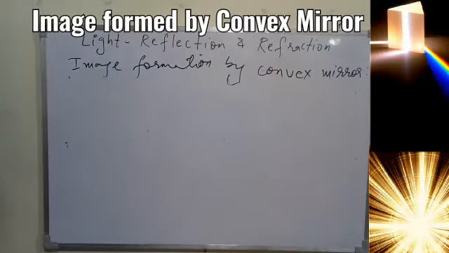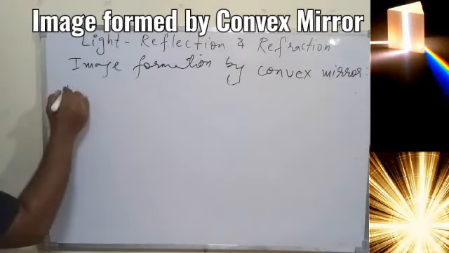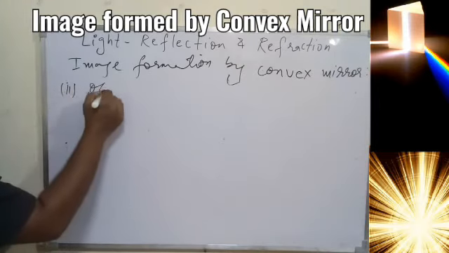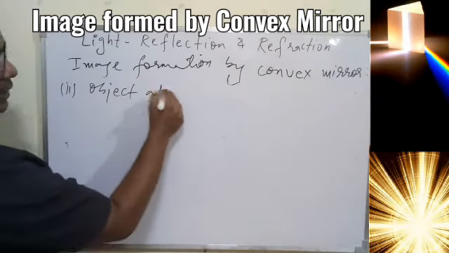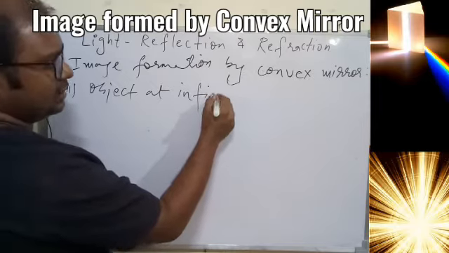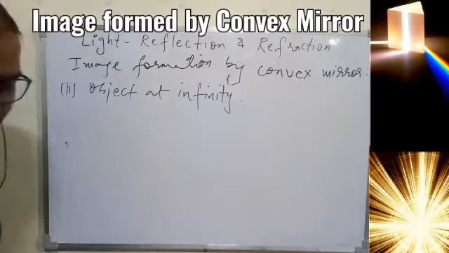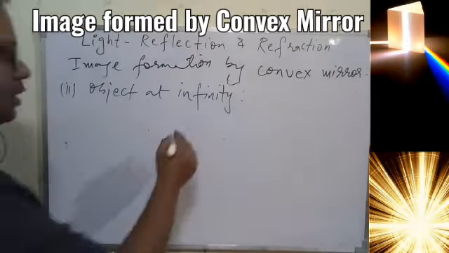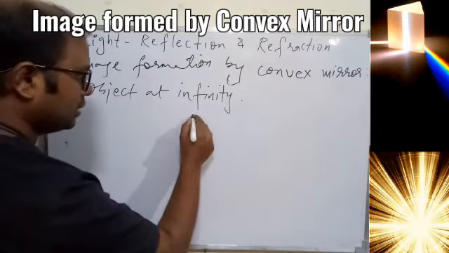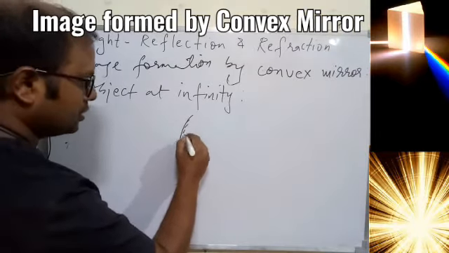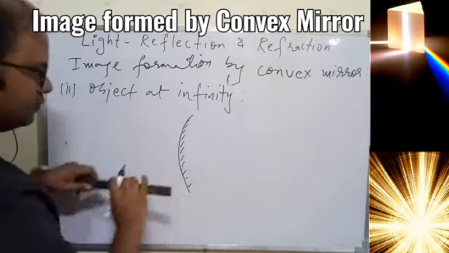And the last case we have is if the object is placed at infinity. That we have already understood with the help of the concept of focus, if you remember.